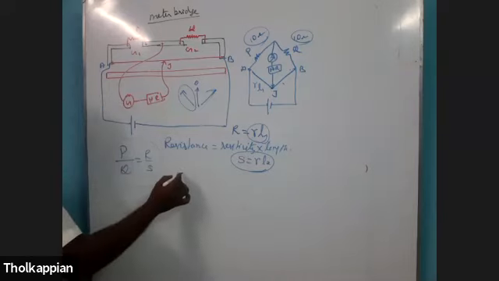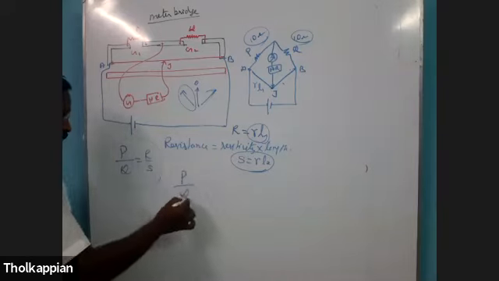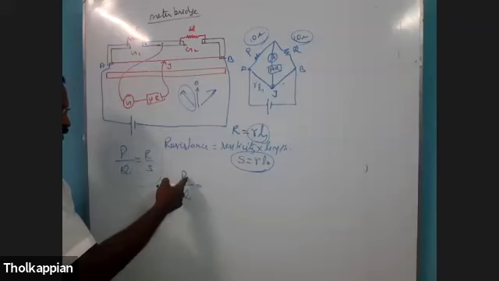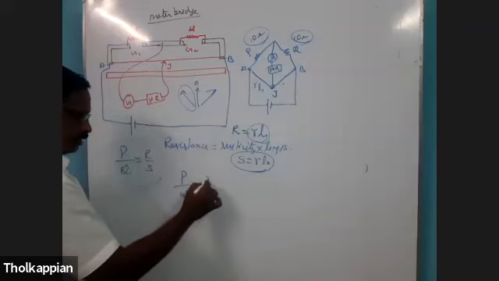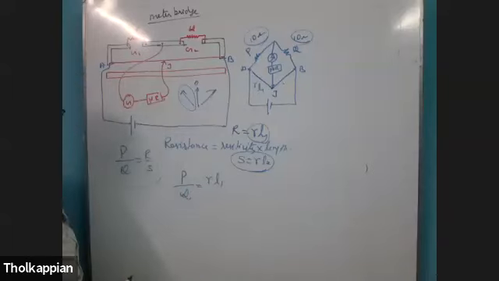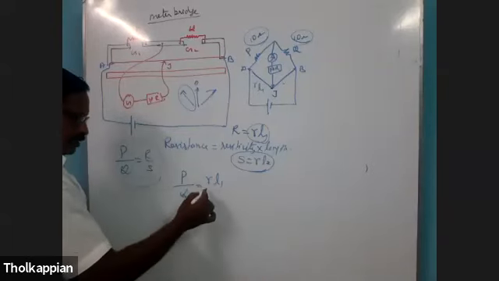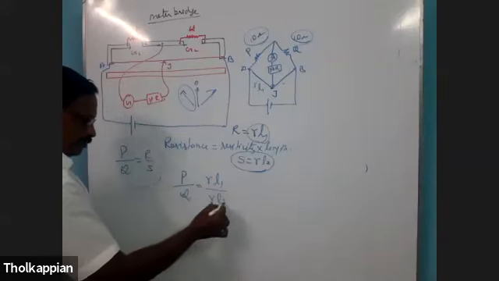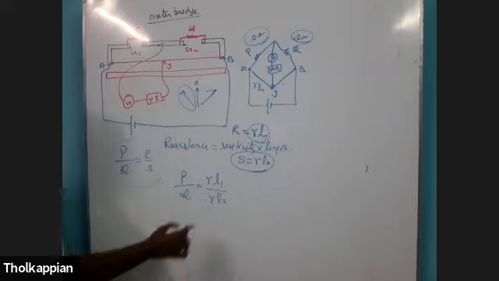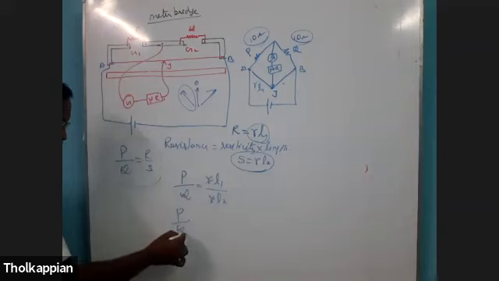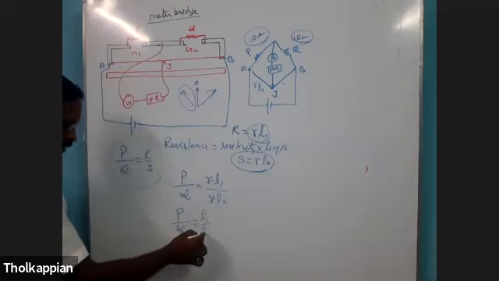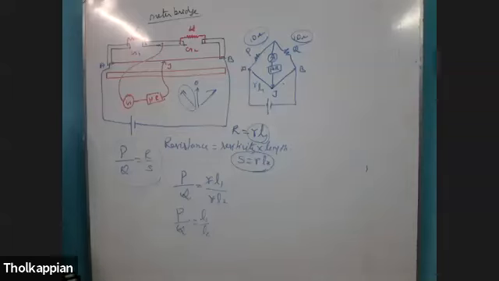Now apply that in the formula. P by Q is equal to R by S. Instead of R, I write rho L1, and instead of S, I write rho L2. Cancel the rho and rho. Now you can write P by Q is equal to L1 by L2.